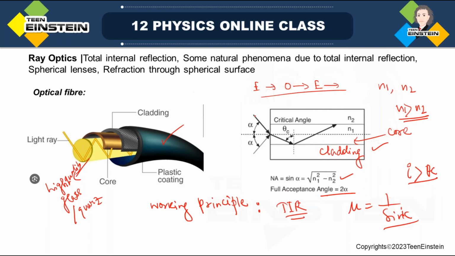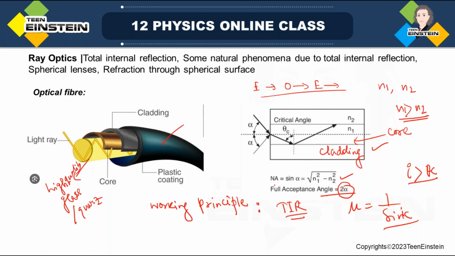That means the light rays, the optical signals, which have to be transmitted through this optical fiber must be within this angle. Okay, this angle 2 alpha is called acceptance angle, and numerical aperture is sine of alpha, which is square root of n1 square minus n2 square.